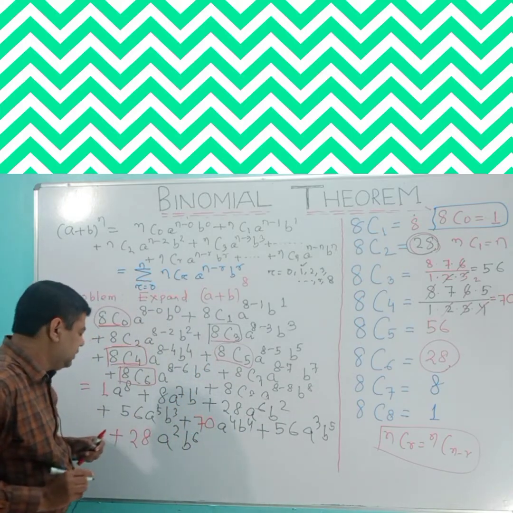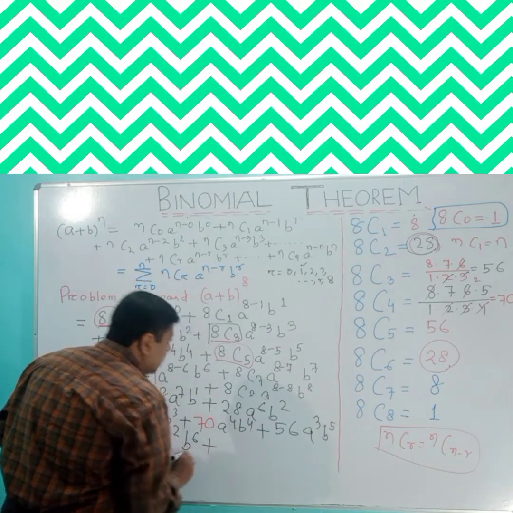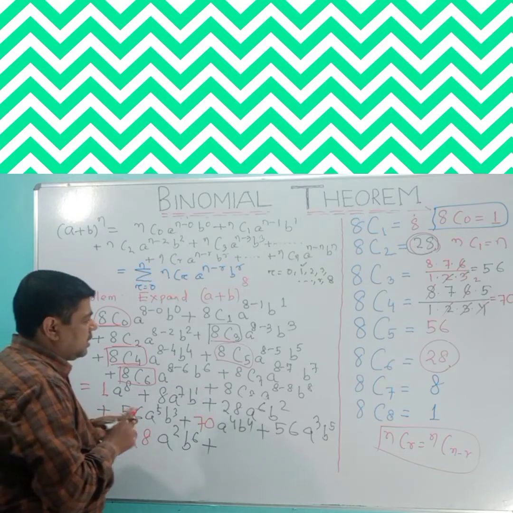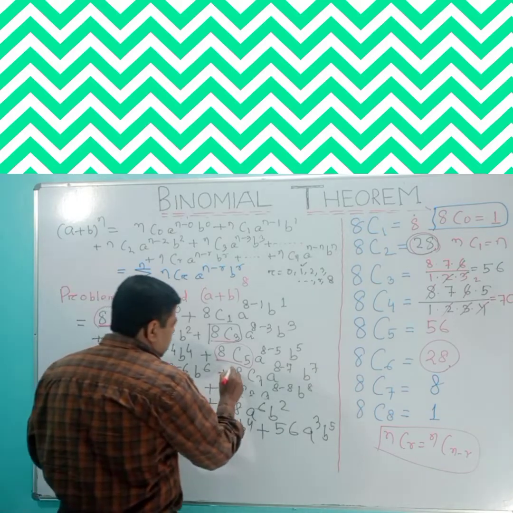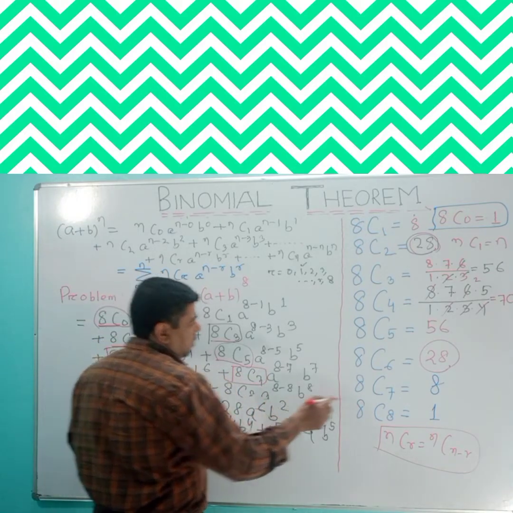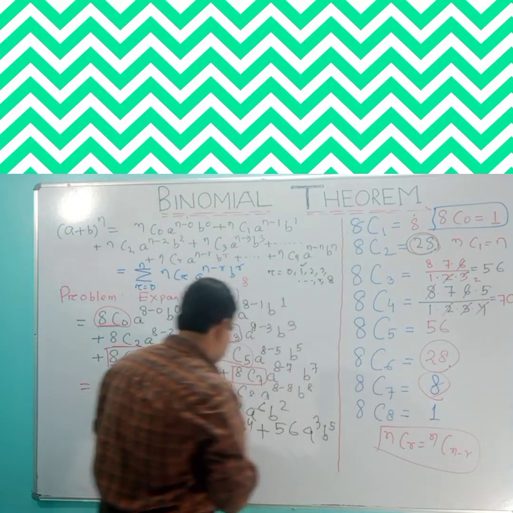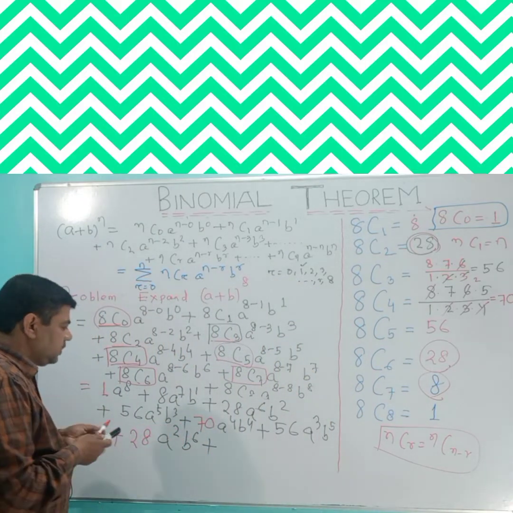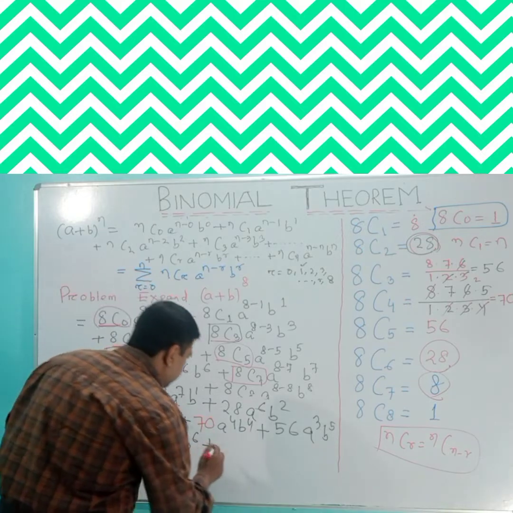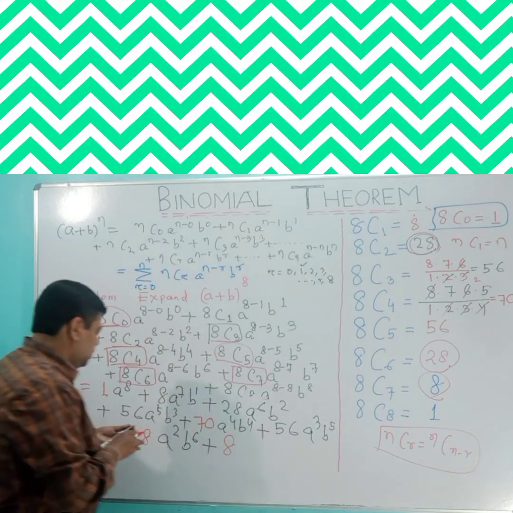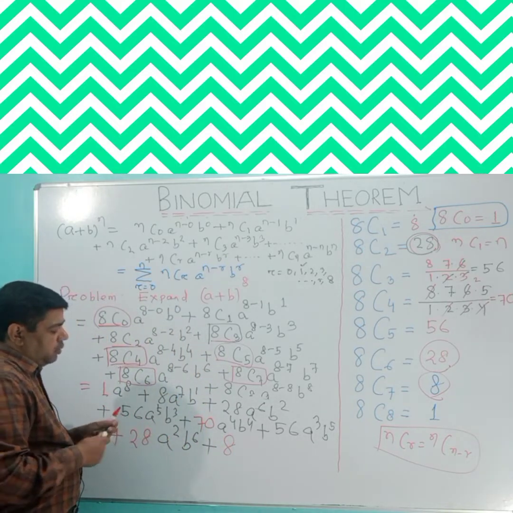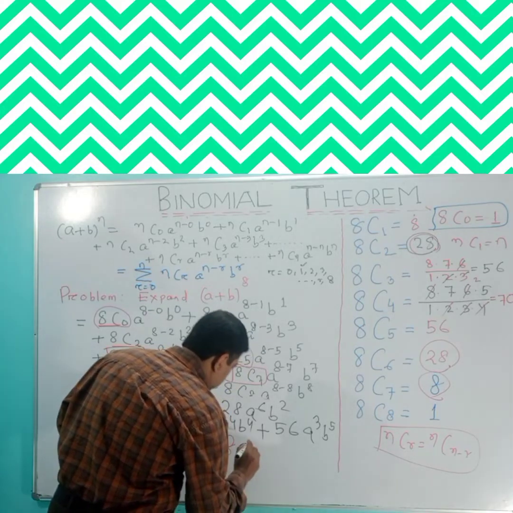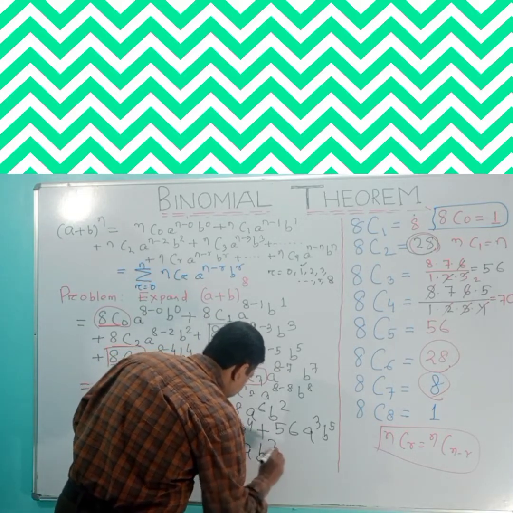Is it clear? Then after 8C6 comes 8C7, and the value of 8C7 is 8. Here the power of a is 1, and the power of b will be 7.